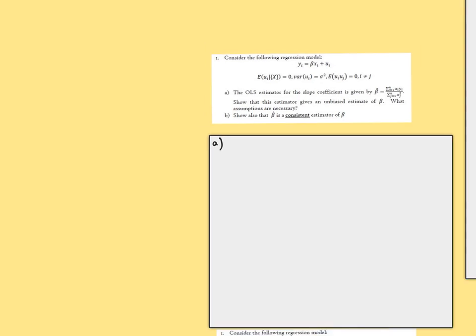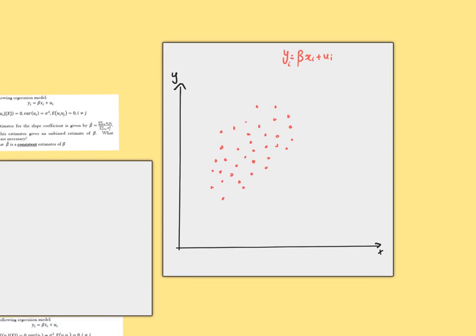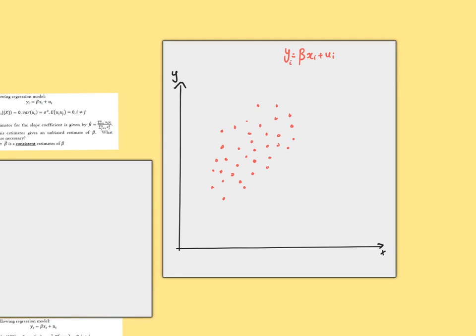So just to emphasize what that will look like, we're assuming that the data is generated using this data generating process: Yi is equal to beta xi plus ui. The intercept is set equal to 0, so we are estimating a line that goes through the origin.